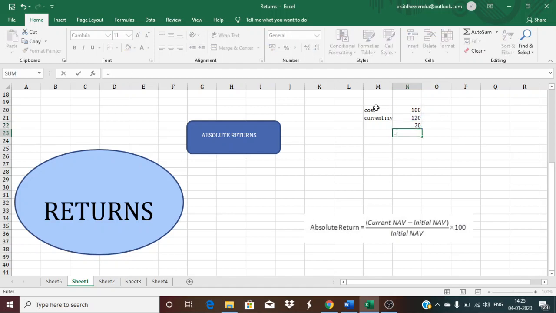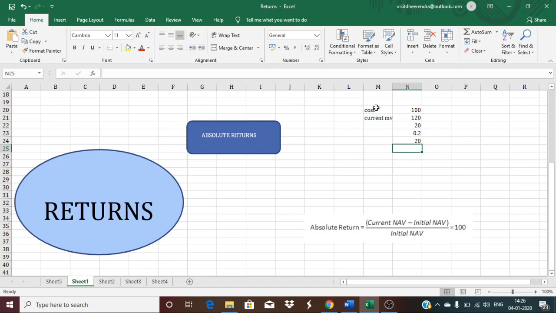If I divide it by the cost or the initial NAV, that is 100, then I will get 0.2. This 0.2 is the absolute return. If I multiply this absolute return by 100, then I will get the percentage absolute return. So this is 20%. So absolute return in terms of percentage is 20.